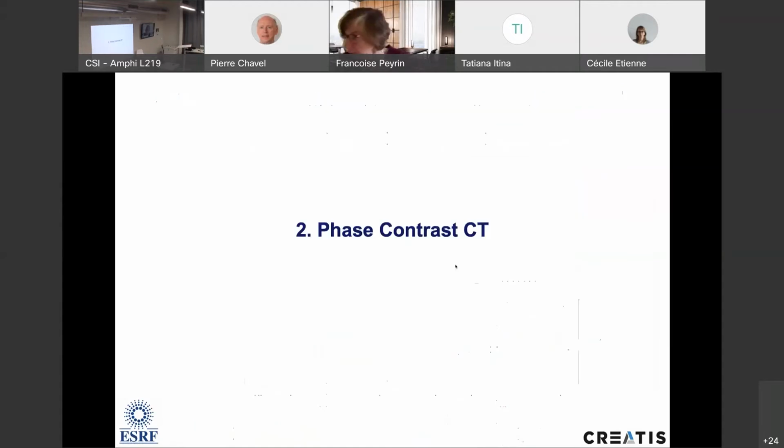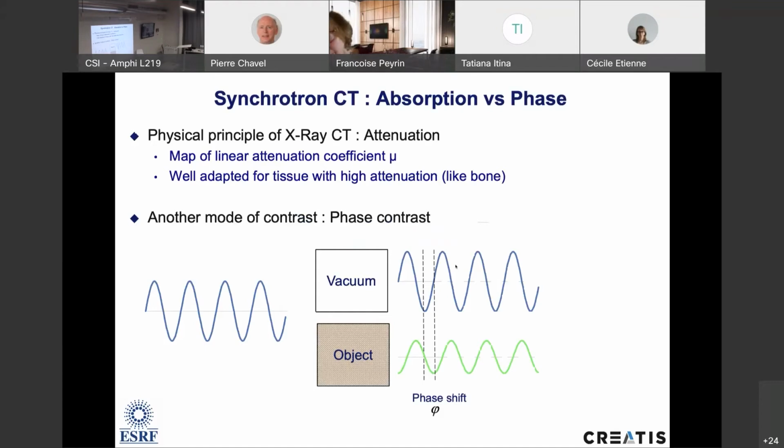So now the second point that I wanted to show you is the possibility to do phase contrast imaging. All that we have seen before was relying on standard absorption contrast imaging, even if it was with synchrotron CT. Now you have another mode of contrast, which is called phase contrast.